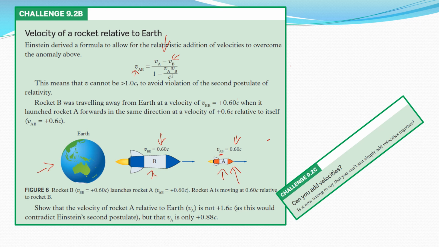Alright, so we know that this is 0.6, this is 0.6, this is 0.6. We know what c is. We're trying to find the velocity of A with respect to Earth, which is that last one that I circled. You might want to rewind the video and get that formula before I rattle over it. Put those numbers in.